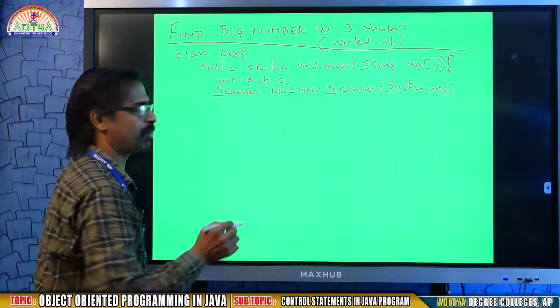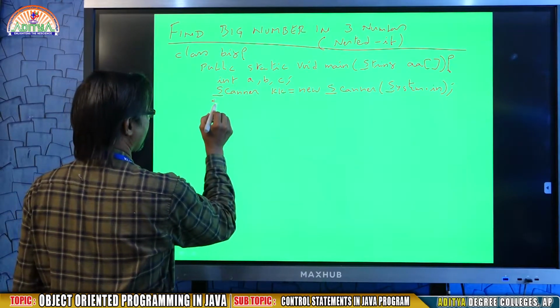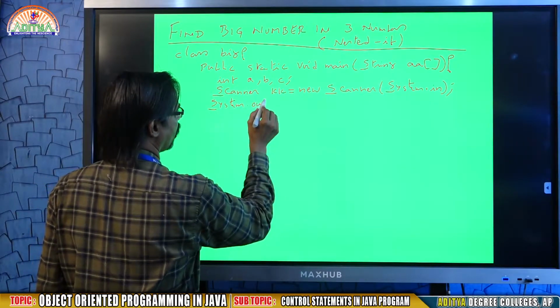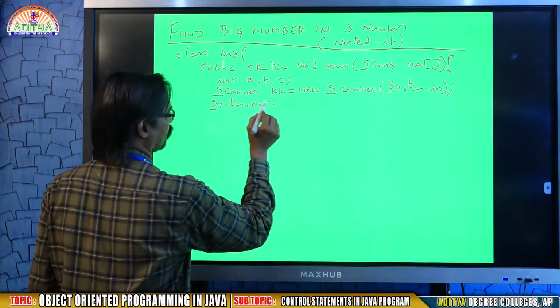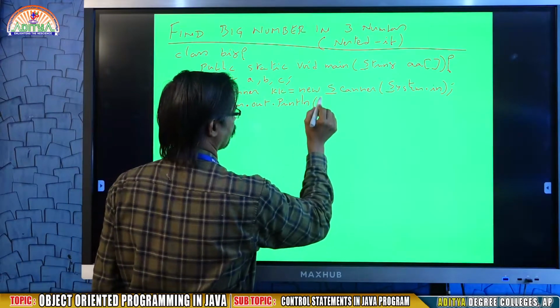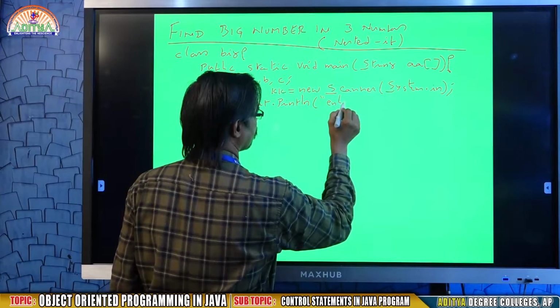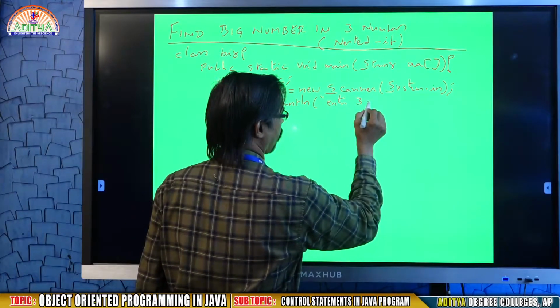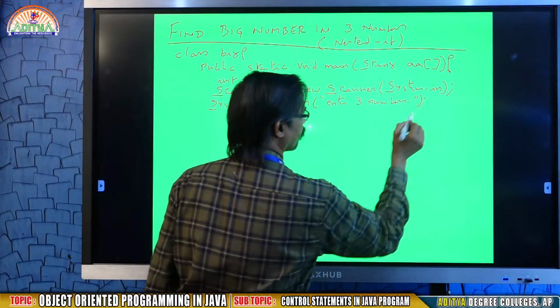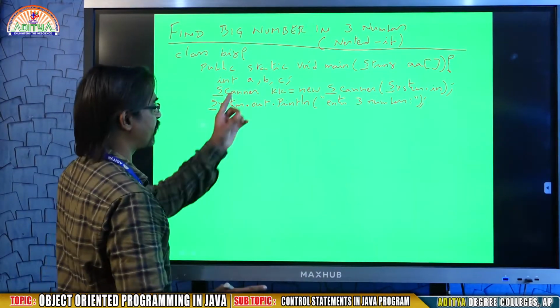Now I want to read three numbers. So I am writing System.out.println, "Enter three numbers". This is the prompt message, where I want to read three numbers, that means a, b, c.